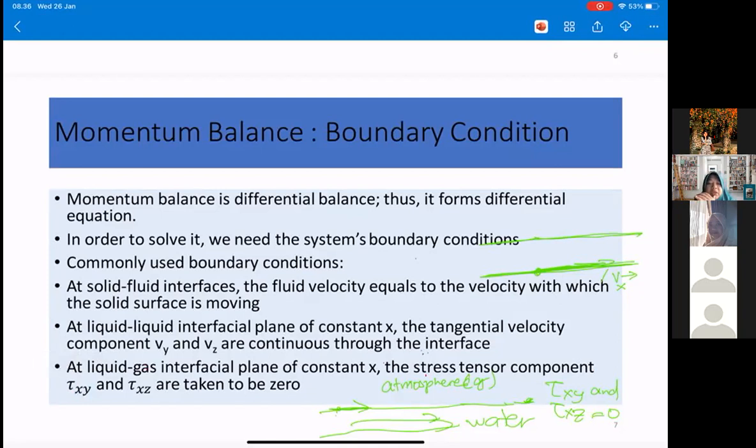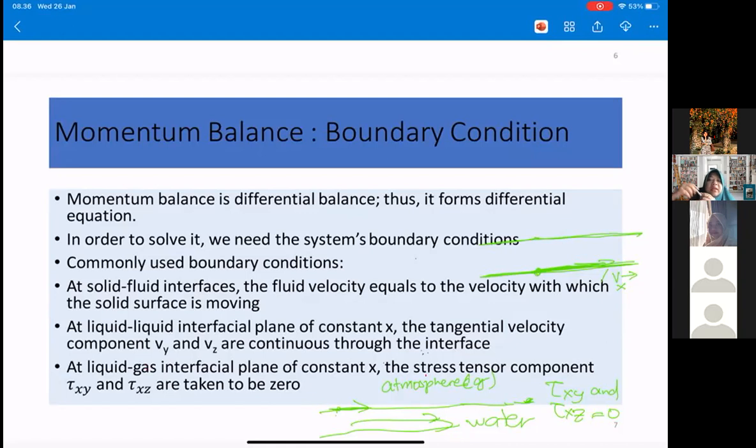And then the stress tensor components tau xy and tau xz are taken to be 0, because at that time the shear stress is very low. Gaya gesek sangat-sangat rendah between the fluids and also the gas.